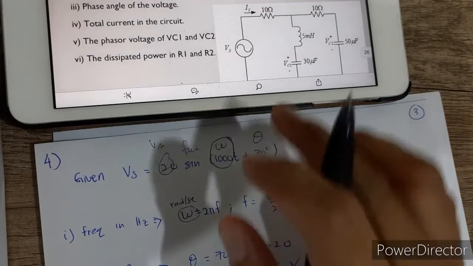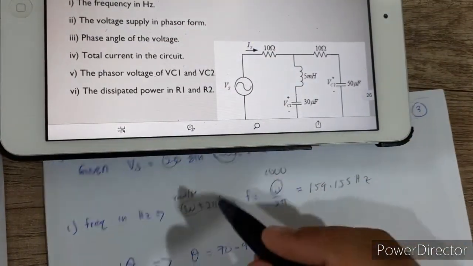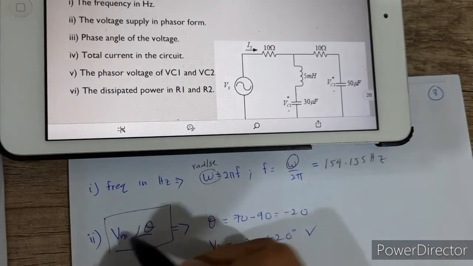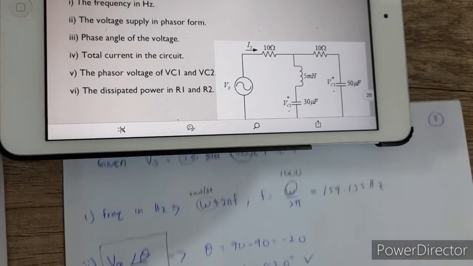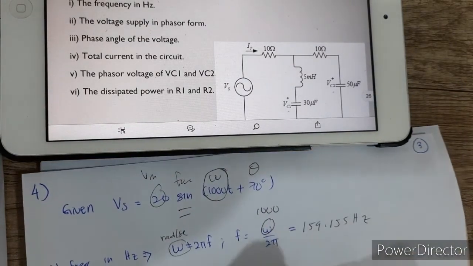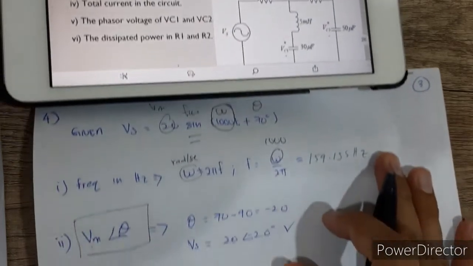Next is the voltage supply in phasor form. Remember, this is in terms of phasor form, magnitude and angle. Because the function is sine, you have to convert the theta, which is our phase shift. You have to minus by 90.